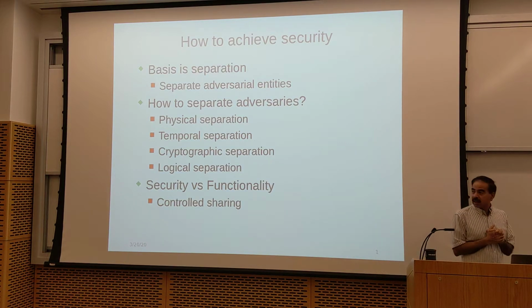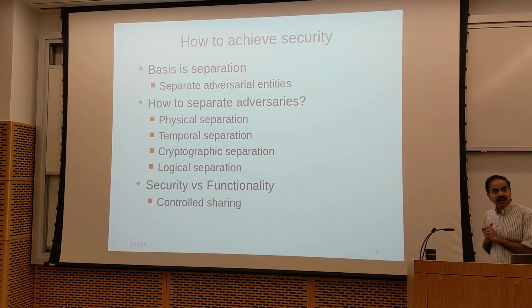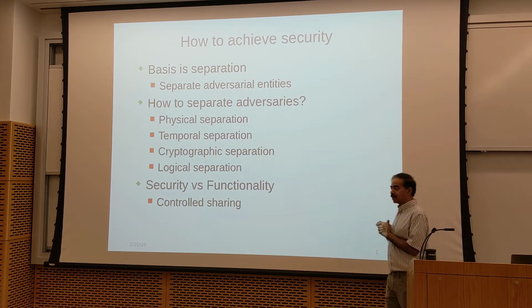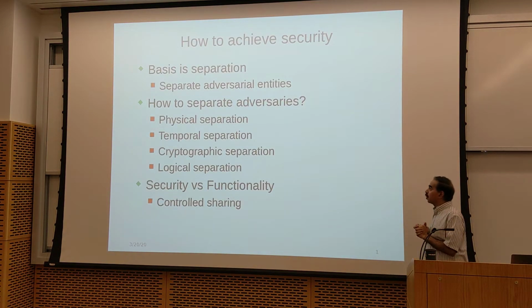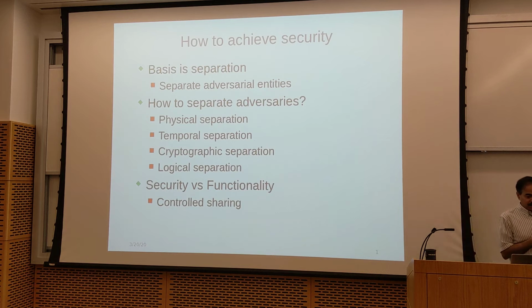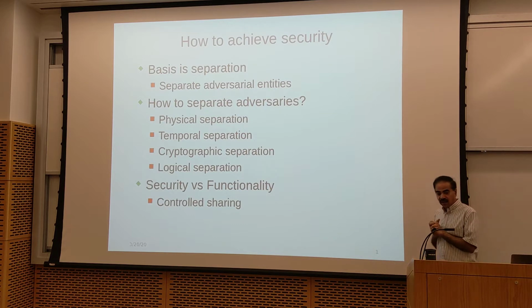So you keep thieves out of your home by putting a lock and making sure that they can never enter your house. You can also rely on temporal separation, which means that when one of the adversaries is using the entity, the other adversary is locked out, and vice versa.